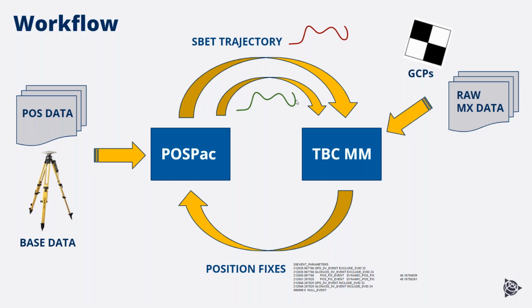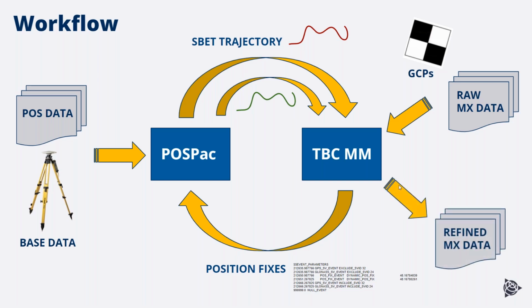Then after having this second iteration of the trajectory, we can go out from TBC with refined MX data. This means that our initial data is much better than before, but then we can do all our usual steps. We can still register it again. We can colorize it. We can do run-to-run registration.